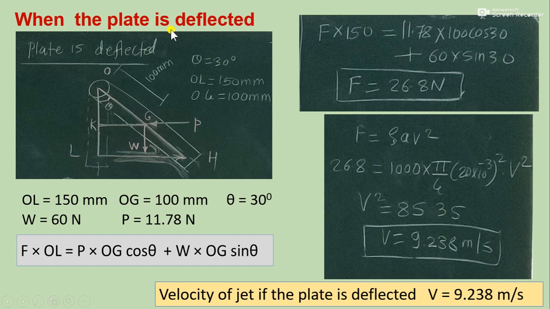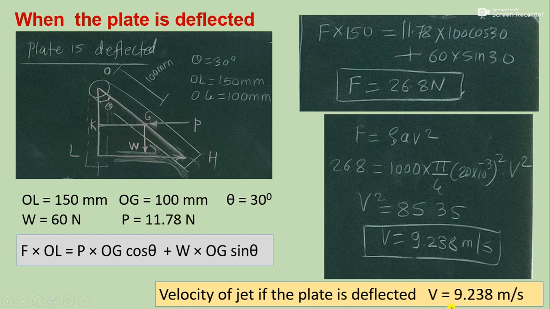Now when the plate is deflected, our aim is to find the velocity. So whatever the known values are, we have already taken from the earlier slide. So OL is given 150, OG is 100 mm, theta angle is 30 degree, weight of the plate is 60 Newton, and we already calculated P, that is 11.78 Newton.